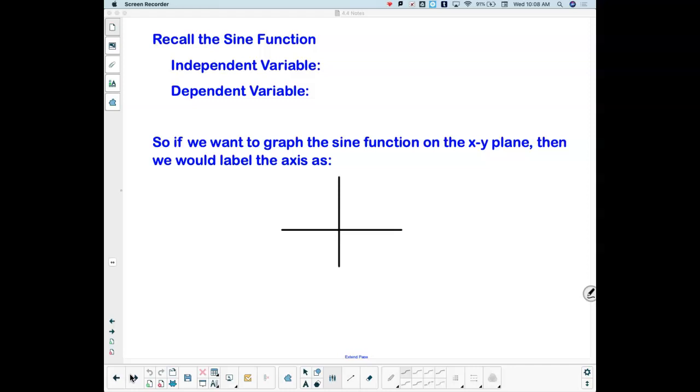What you put in to sine, what you put in to cosine. Maybe like the measure in degrees or radians of an angle. Yep.